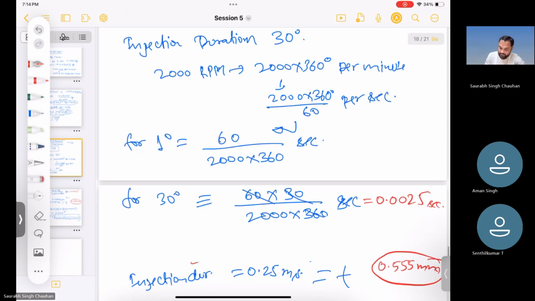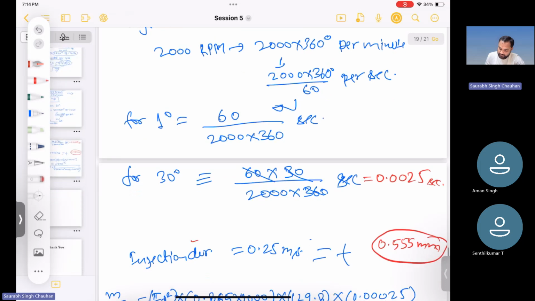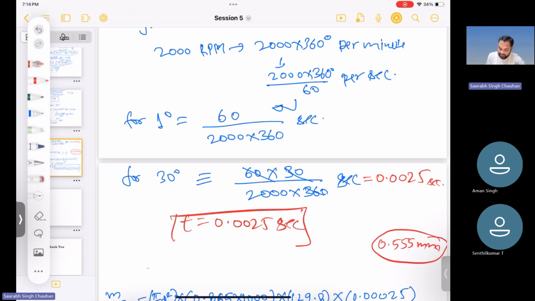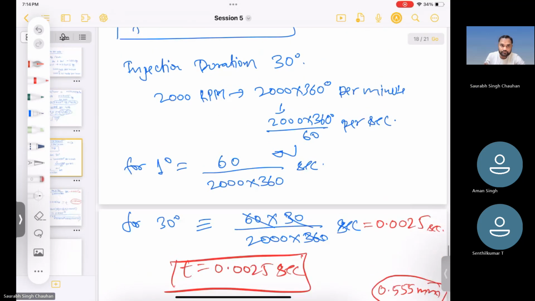Second. Okay. So T is 0.0025 seconds. We'll check all the values.